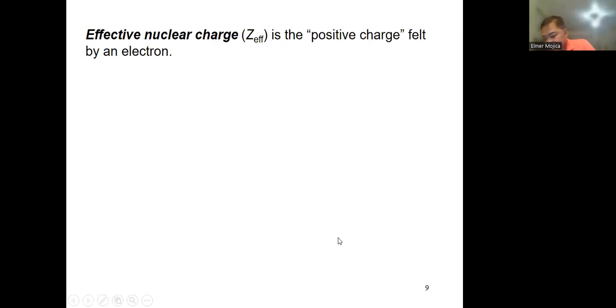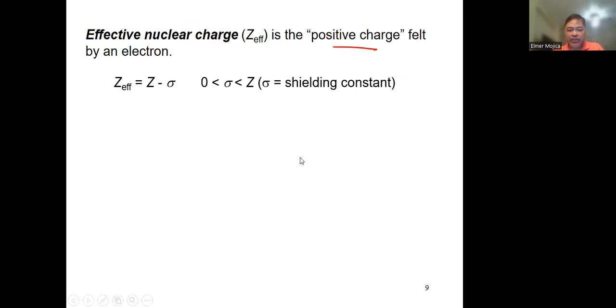Now, what is this so-called effective nuclear charge? When you're talking about effective nuclear charge, that's just the positive charge felt by an electron. So the effective nuclear charge is equal to Z minus sigma.